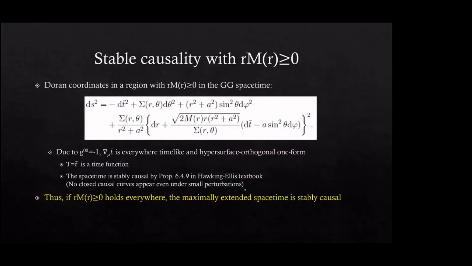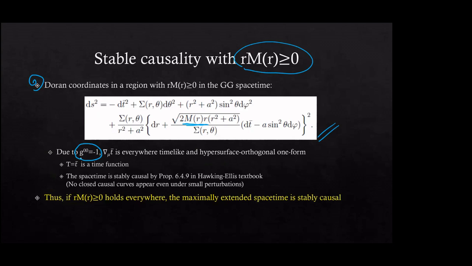But when we consider the region where this inequality is satisfied, we can introduce the Doran coordinates in the Gürses-Gürsey space-time. So these are the Doran coordinates. Because this must be positive, because this is inside the square root. And there is a very nice property in this metric.